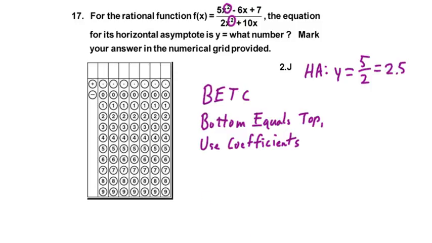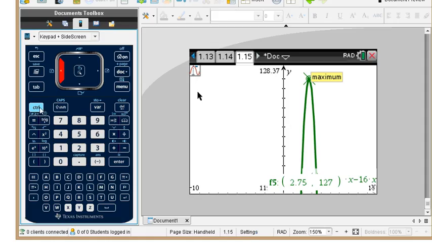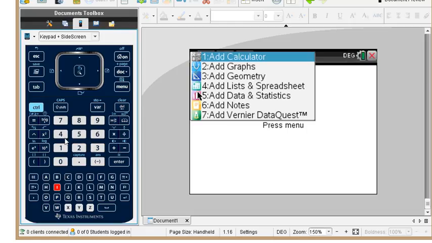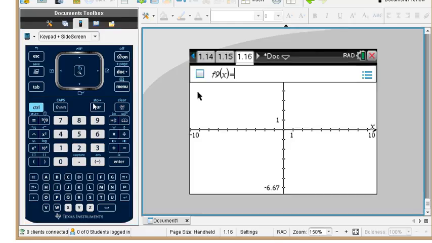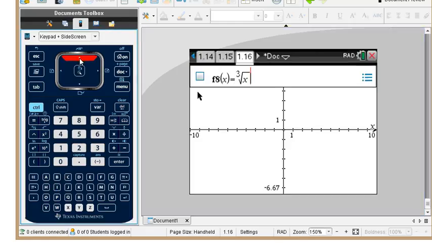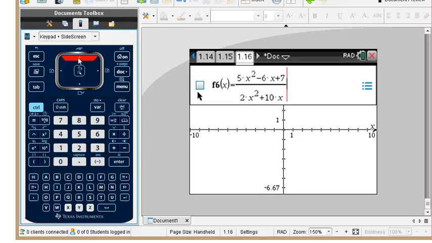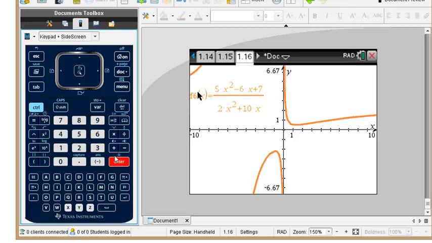And in your calculator, that's one of the ones I preloaded. Control I, add graph, and there it is. You press enter, and we see these different pieces. We can use a really high number because the definition of a horizontal asymptote is the limit as x approaches infinity or negative infinity.